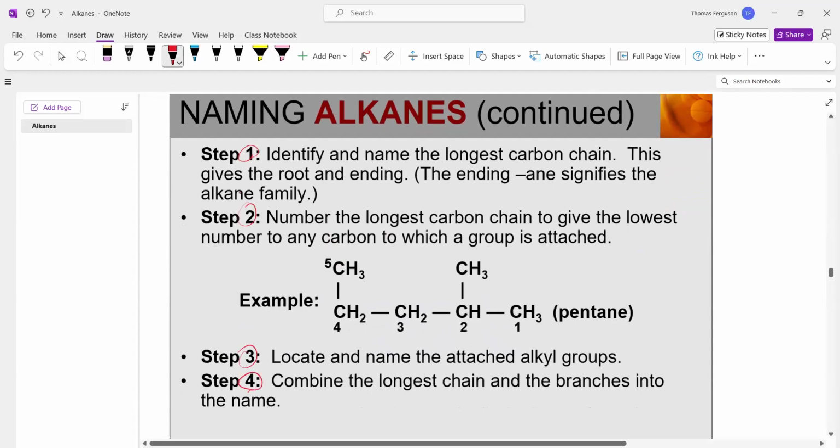Number 1, identify the longest chain. So let's do that. Well, there's a couple ways to go. We can go like this. We can go like this.